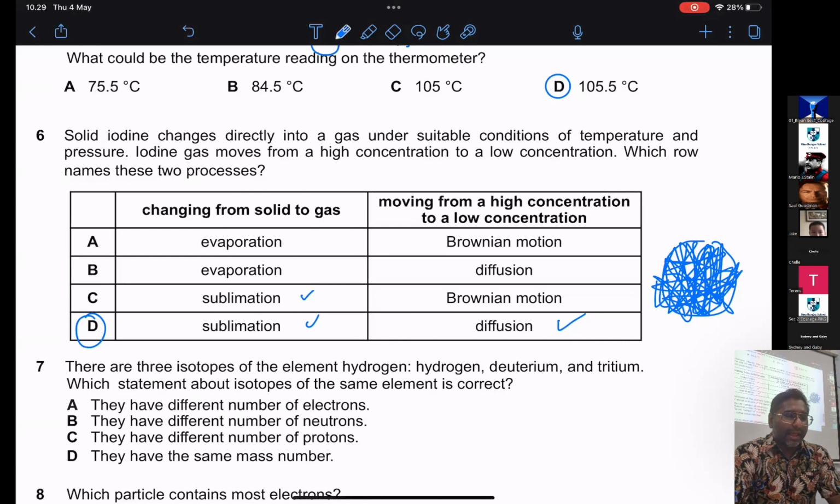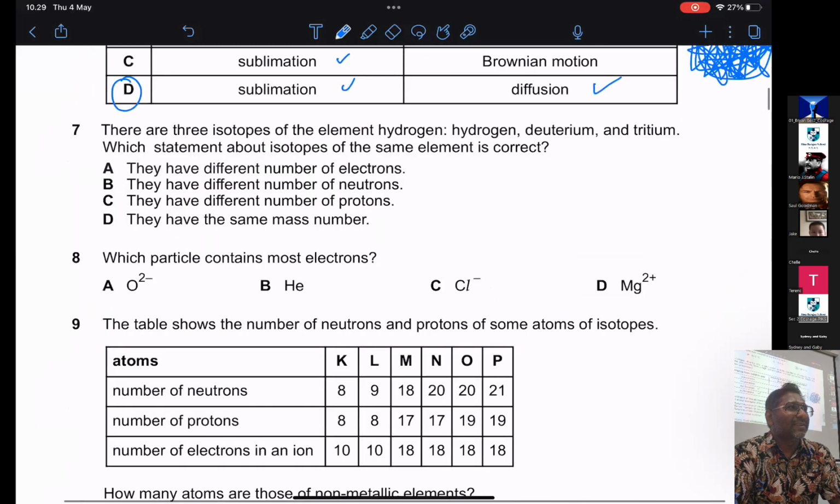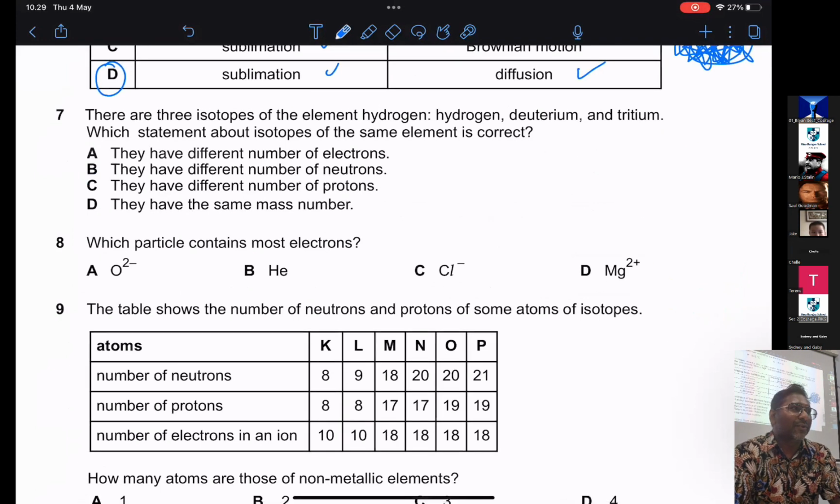Slightly off topic, which is going to be your bio: low concentration to high concentration, that is going to be what? Active transport, or even osmosis also, right? No, I think osmosis also follows higher to lower. Of course it must go through a permeable membrane, but osmosis, please check again.